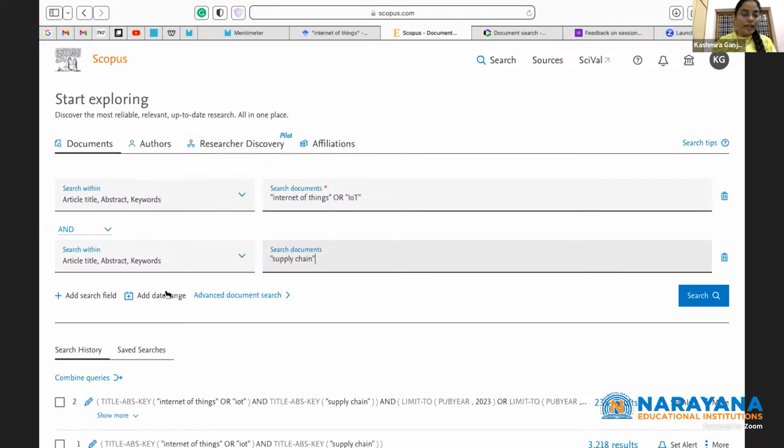I can also choose the date range. For now, I'm not choosing. Now let me search.